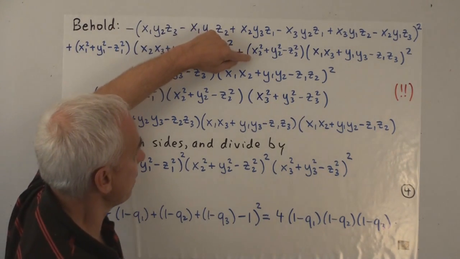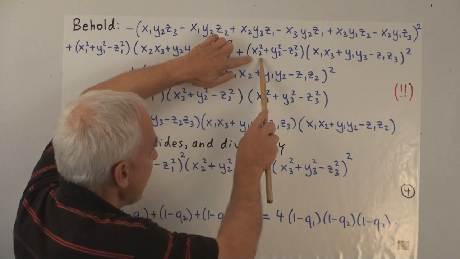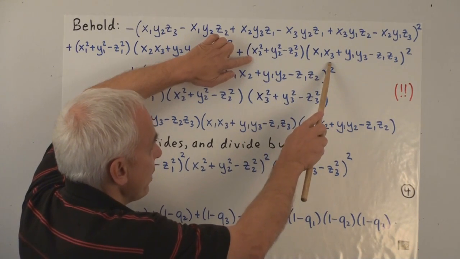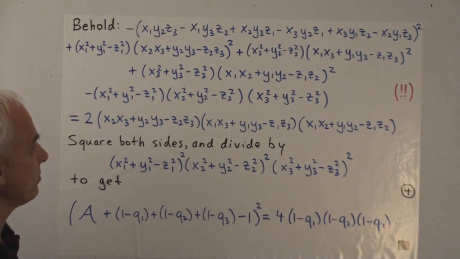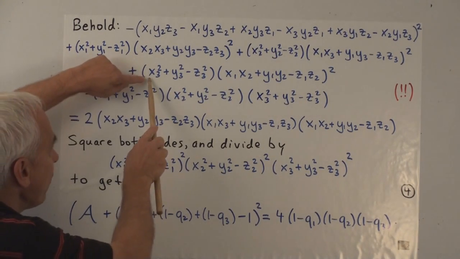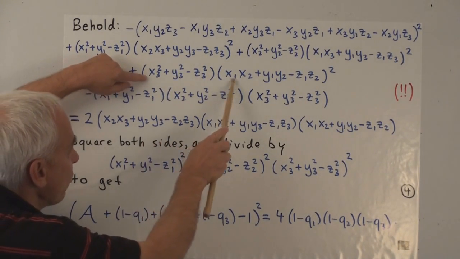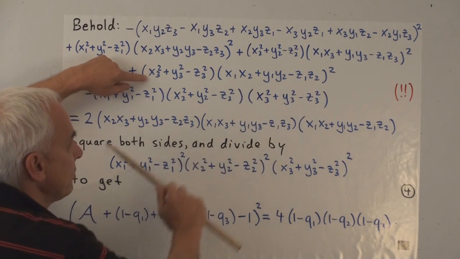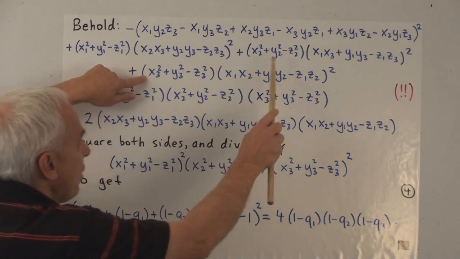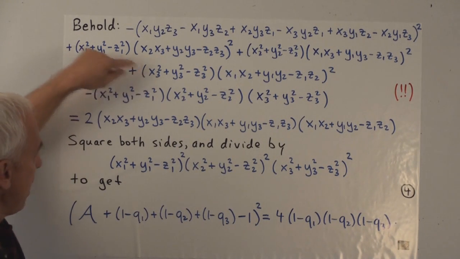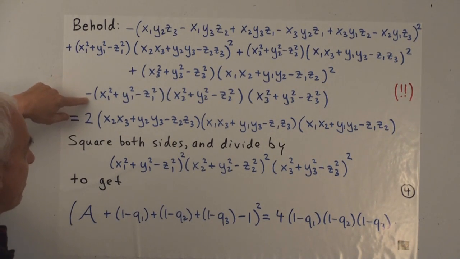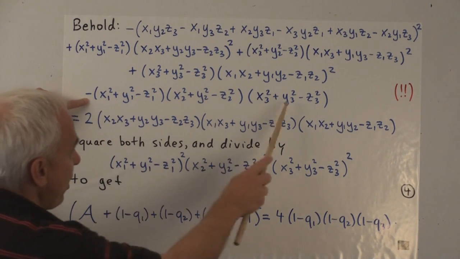How about up here? Well, same thing. We get it as x2 squared times this thing squared. That'll be another contribution of that same term. And then it will appear also here, x3 squared times x1, x2 all squared. So we're getting it once here, once here, once here for a total of 3. But there's another term we have to think about, minus this product.